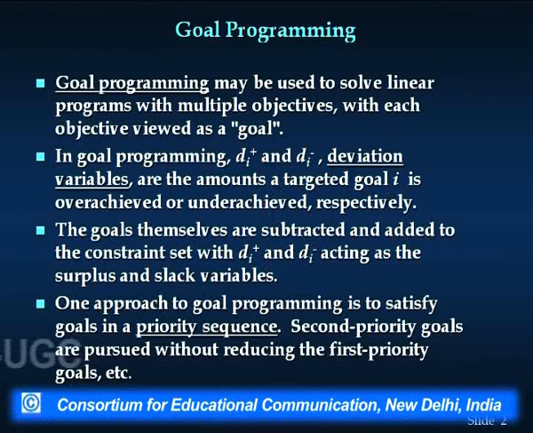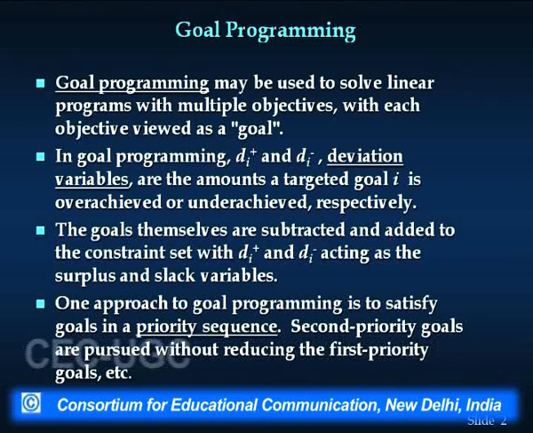Goal programming may be used to solve linear programs with multiple objectives, with each objective viewed as a goal. The first statement in a goal programming problem is we have more than one objective to be fulfilled.